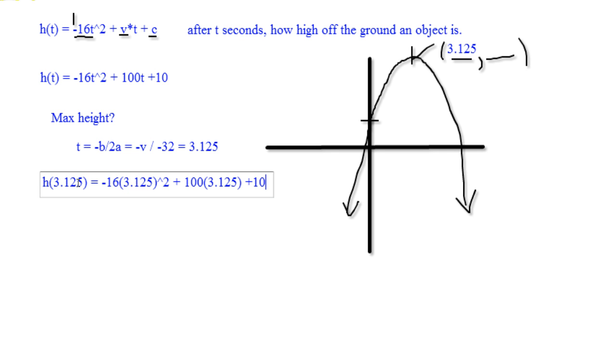As you're putting stuff in, make sure you're using your parentheses very carefully, and make sure you're squaring carefully too, and not accidentally putting a whole bunch of this problem into the actual exponent.